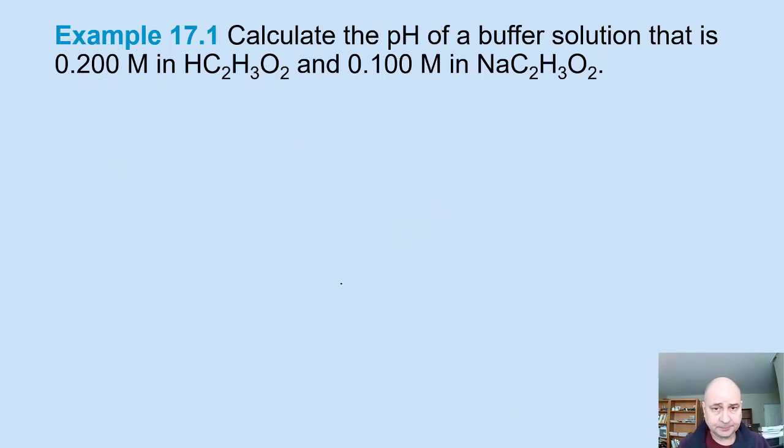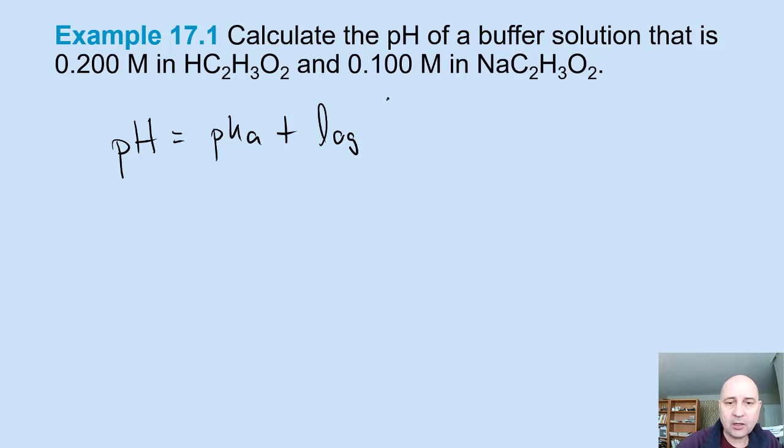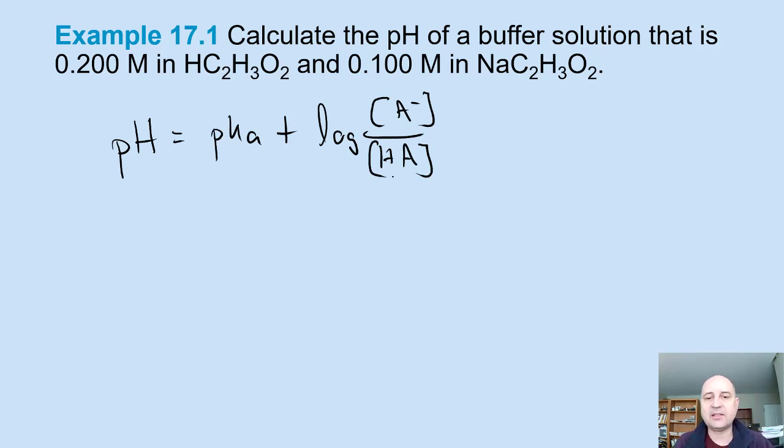And there's a different way, an easier way to calculate that, and that's the pH is equal to the pKa plus the log of the conjugate base over weak acid concentration, which in this case is acetate and acetic acid.